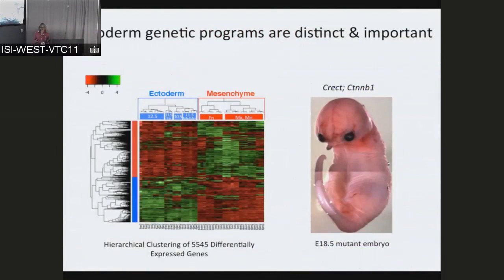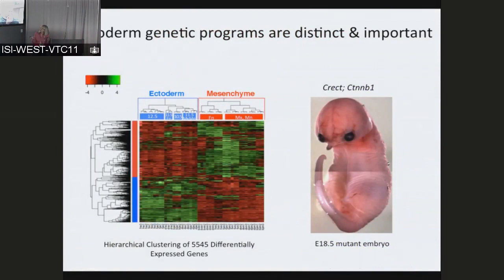But beyond that, there was a second thing that we wanted to incorporate into this study, which has to do with tissue differences. So again, we've heard a lot of talks about the neural crest cells and the mesenchyme, which will constitute the bulk of what we see in the face.